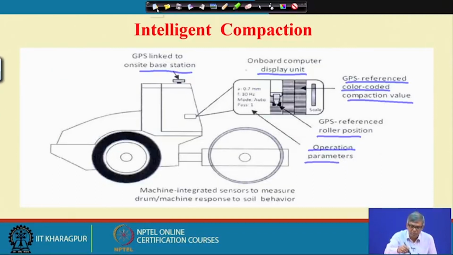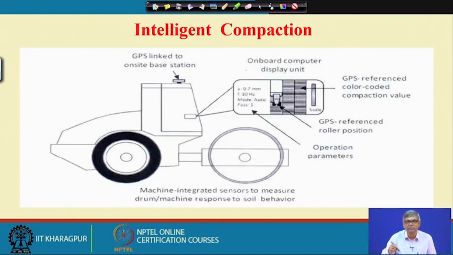This type of equipment is of course not readily available. It has a lot of advantages because it finds the weak places by itself and we can do additional compaction, but it is not readily available, and expert operators are required. So, a lot of disadvantages are there.